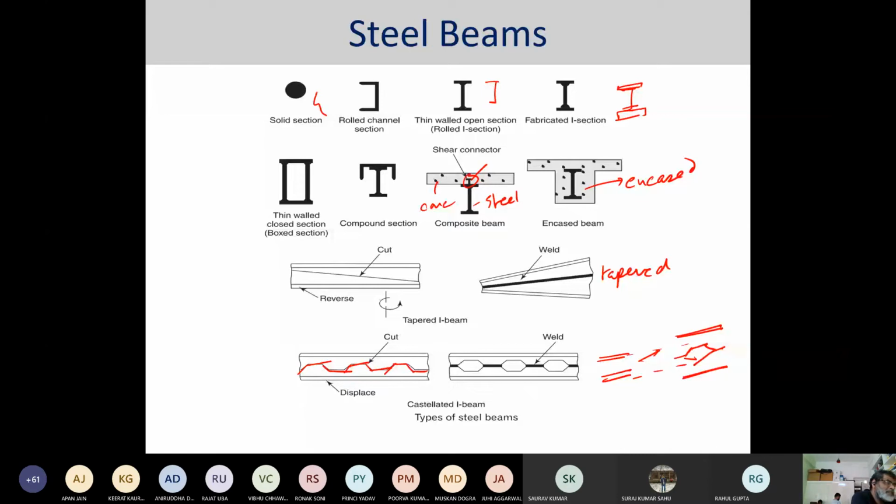So the depth increases, because you are shifting this up, so you are going diagonal. So this line will become here. So basically this much h will be the increase in the depth of the beam. So you can have beams like this. Is this making sense? Is this okay? Yes, sir.